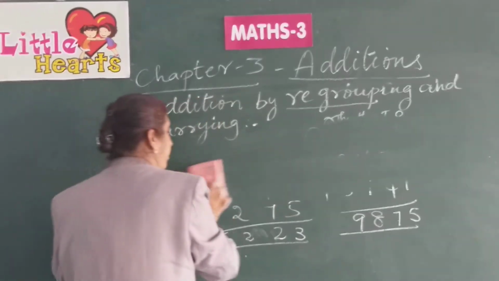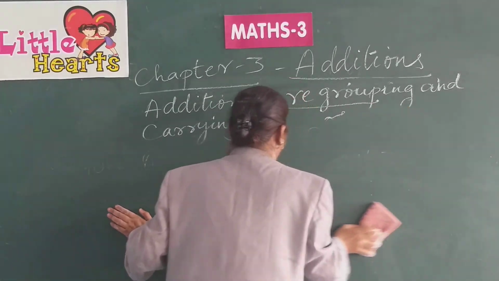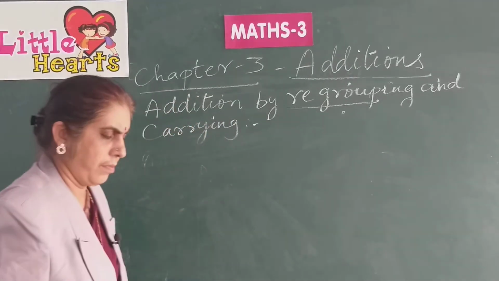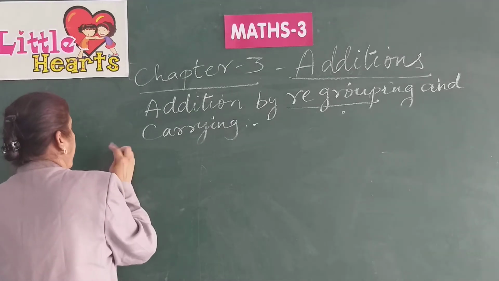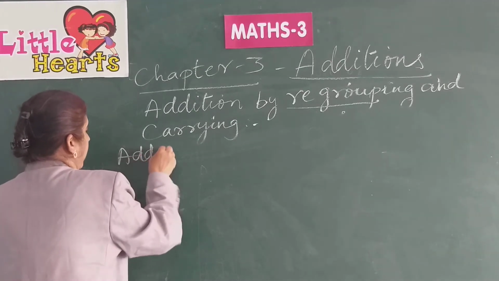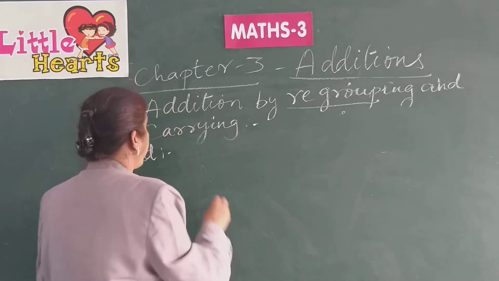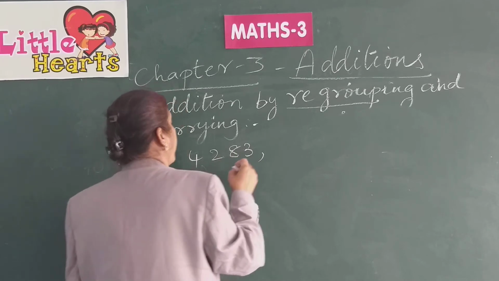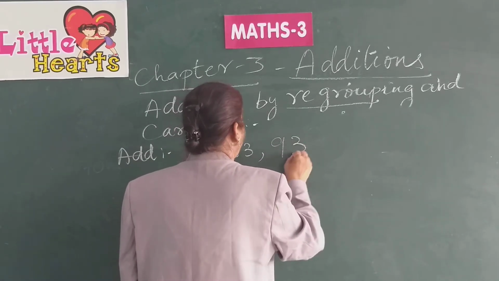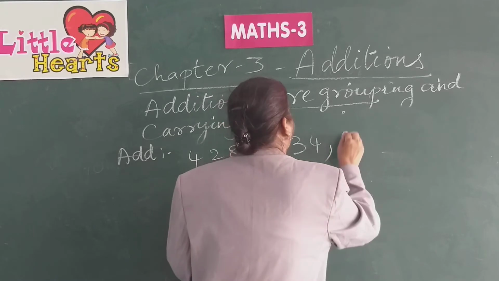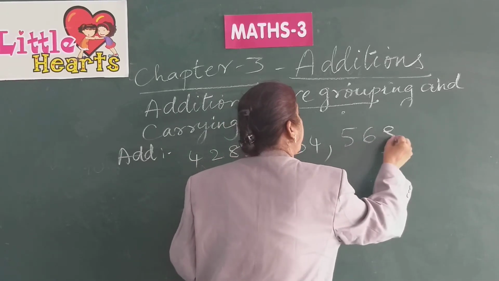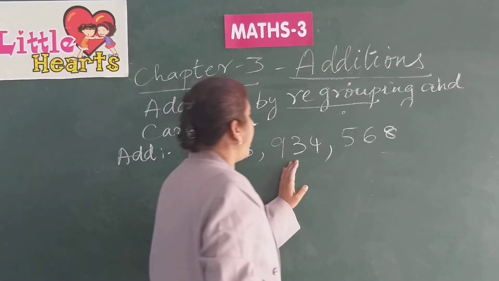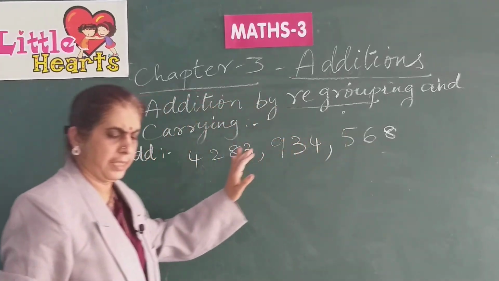Now, add 4,283, 934, 568. Here this number has 4 digits, this has 3 and this has 3 digits.